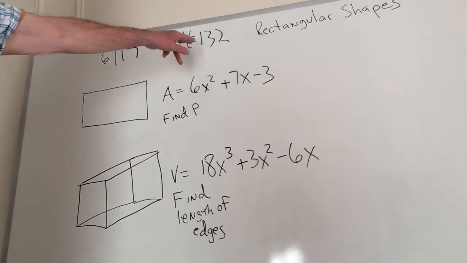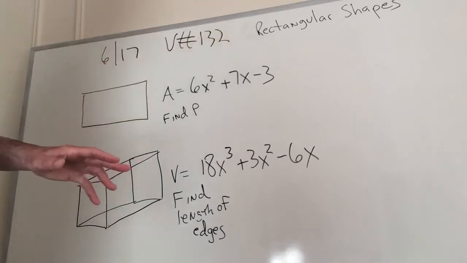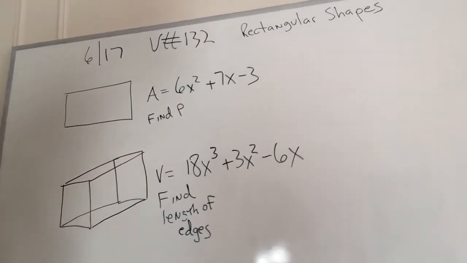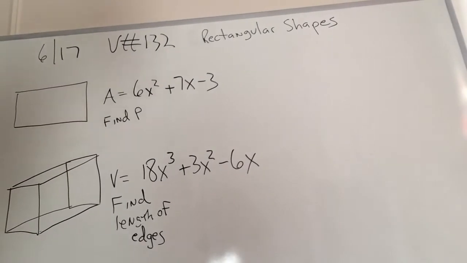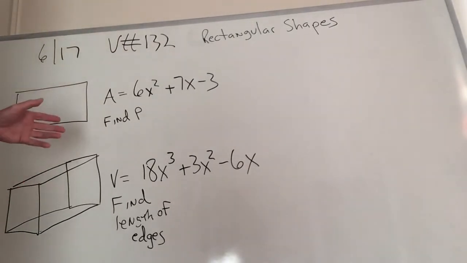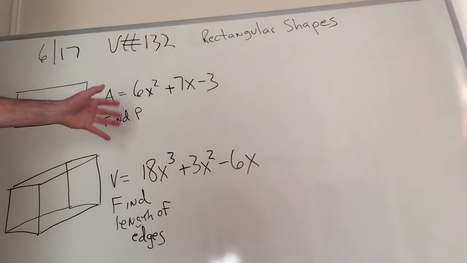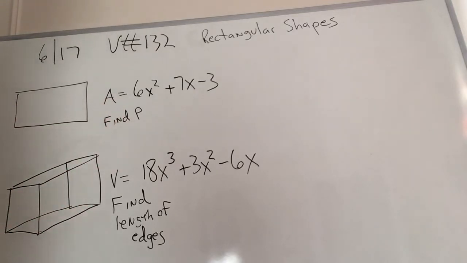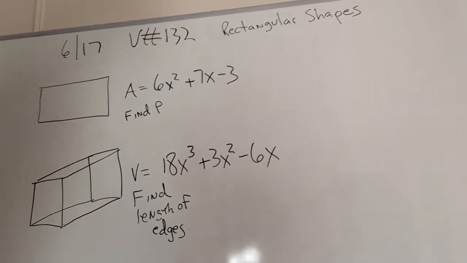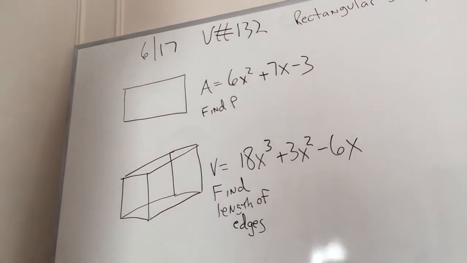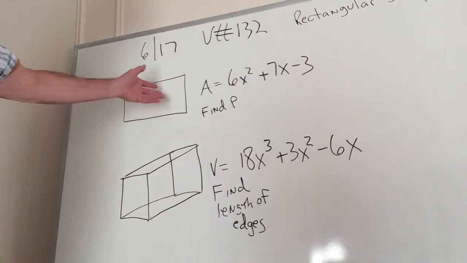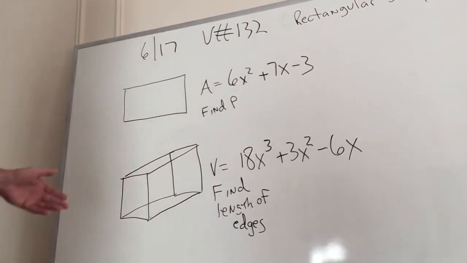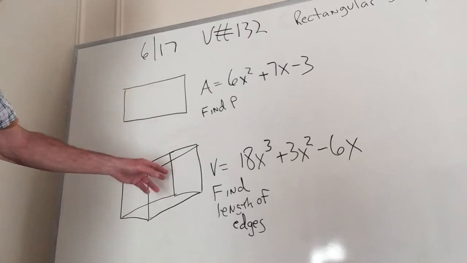This is video number 132, and it's kind of an obvious topic to probably a lot of you, where we're going to apply the math that we've been doing to geometric shapes, almost exclusively rectangular shapes. Here's 2 dimensions, here's 3 dimensions.